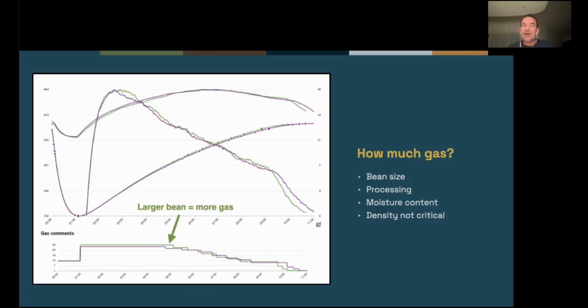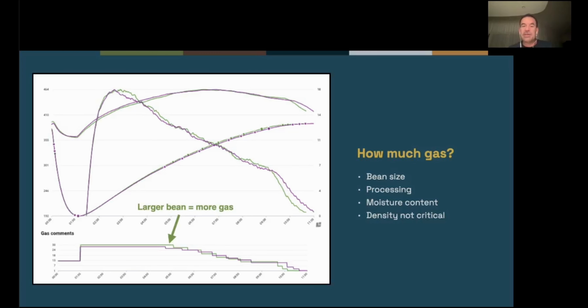I think part of the confusion over density is that most people think they are measuring density, but they are usually referring to something called bulk density. If you were to, say, take a container of a certain size, fill it with beans and weigh it, you might say something like, okay, this coffee is 900 grams and the container is a volume of 1 liter, and that's the density, 900 grams per liter.